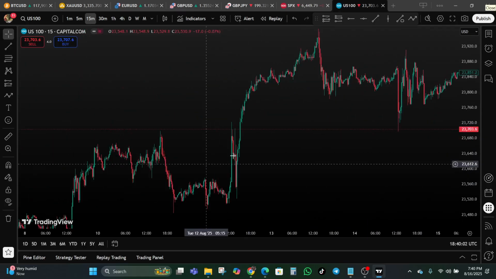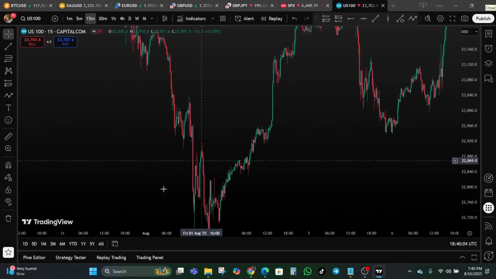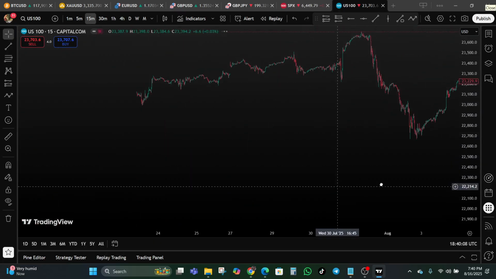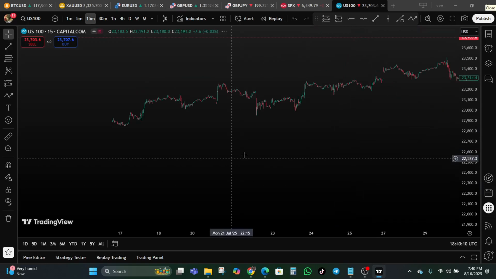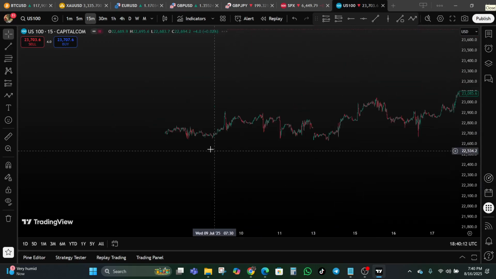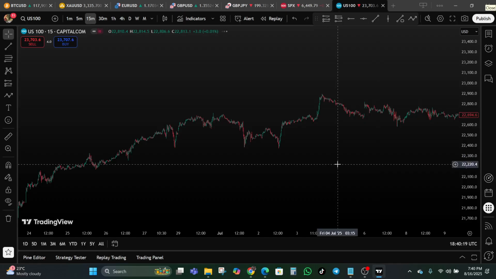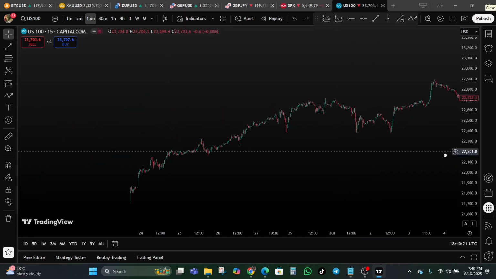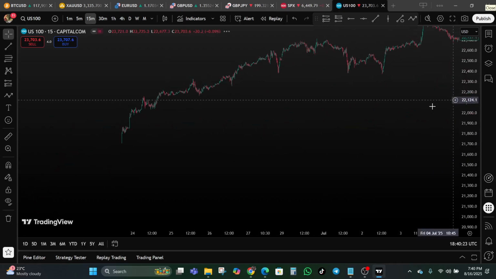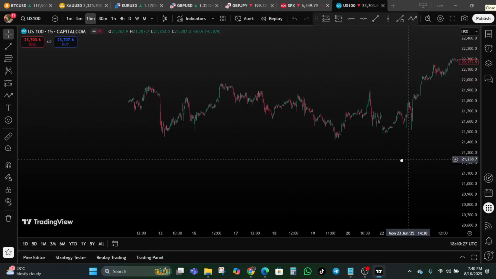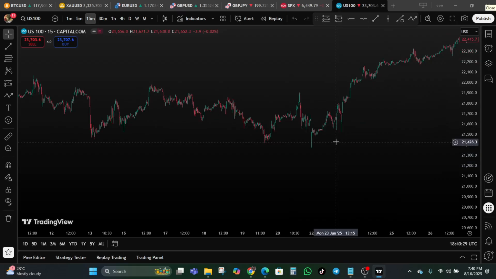I'm trying to see if we can find a good example of a liquidity sweep, but basically I can just explain what that means. Probably you have a support zone and you are thinking that price is going to respect that zone, only for price to break below it.